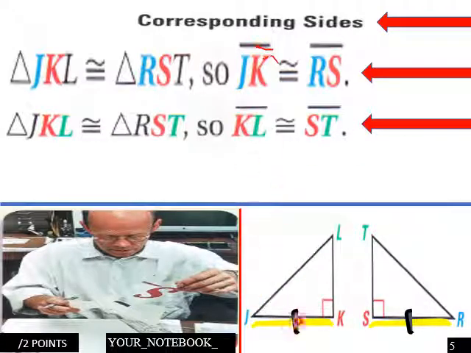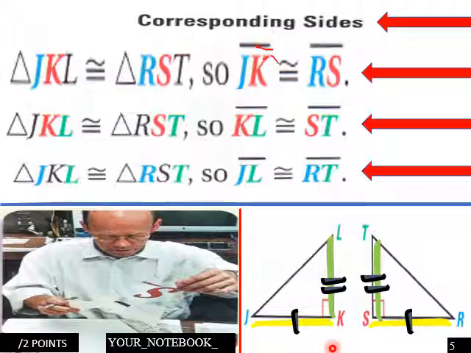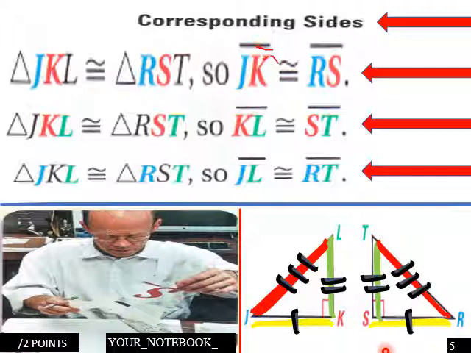And then KL is congruent to ST, side KL and ST. And then JL is congruent to RT. So that'd be a way that you could sketch it, by using these hash marks here.